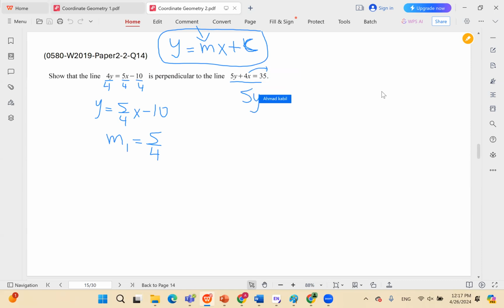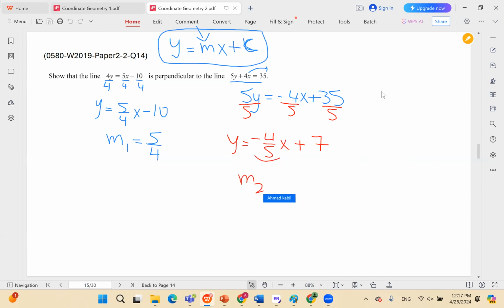So we have 5y equals negative 4x plus 35. And then we want to divide by 5. Just divide everything by 5. And we get y equals negative 4 over 5 x plus 7. So m2 is simply negative 4 over 5.